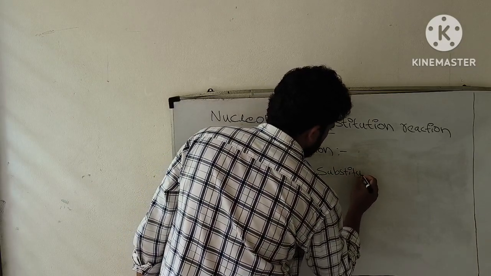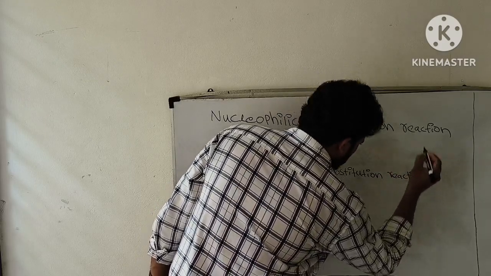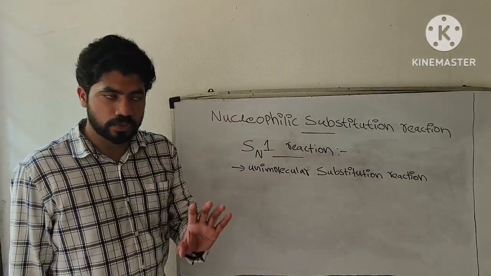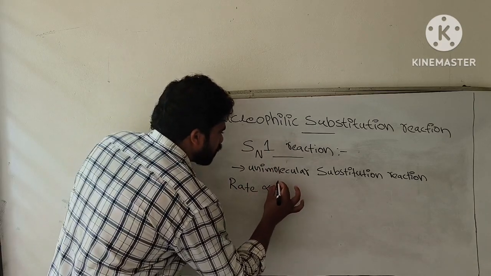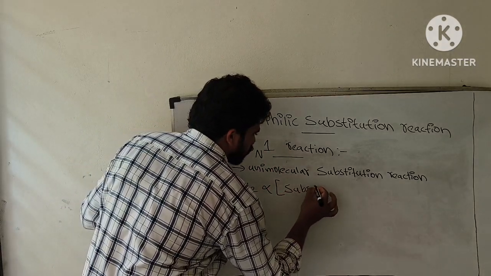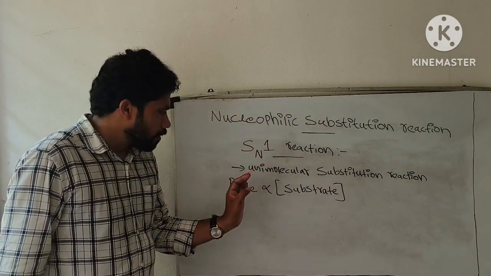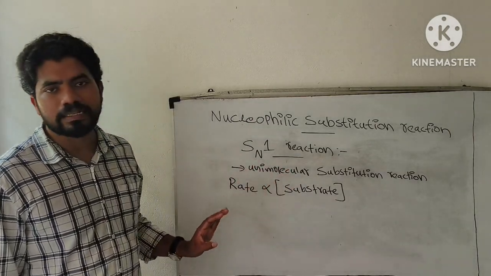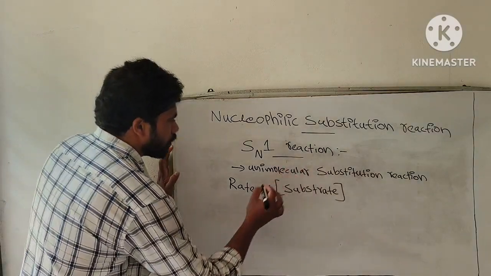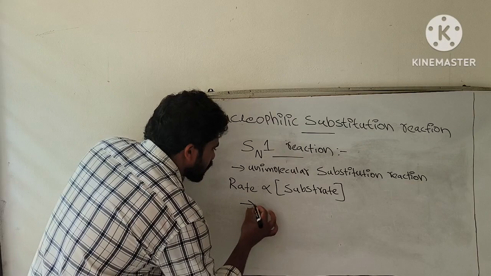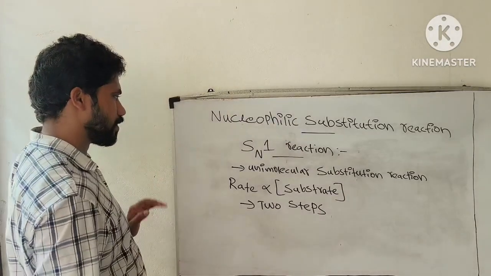Why is it called unimolecular substitution reaction? Because the rate of the SN1 reaction depends only on the concentration of the substrate, that is, the concentration of the alkyl halide. And it is a two-step mechanism. Two steps are involved in SN1 reaction.